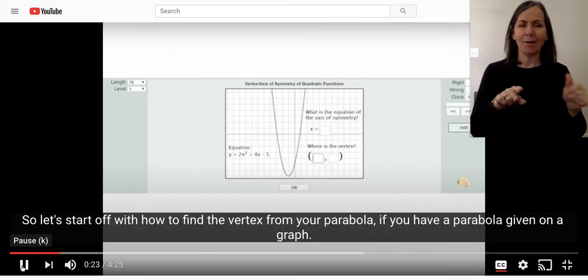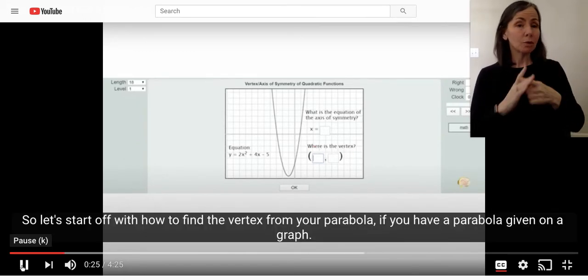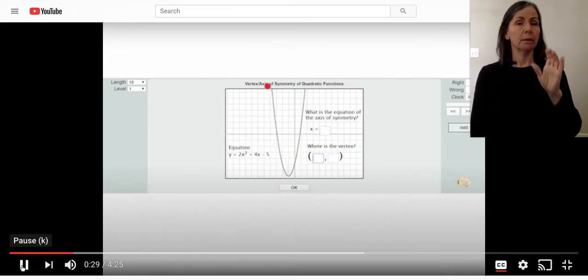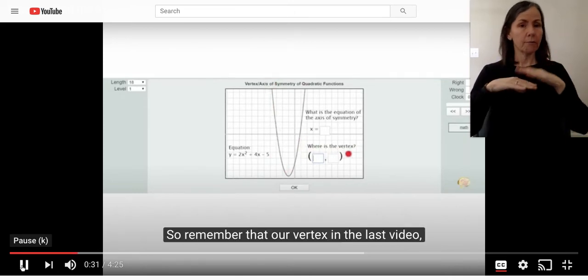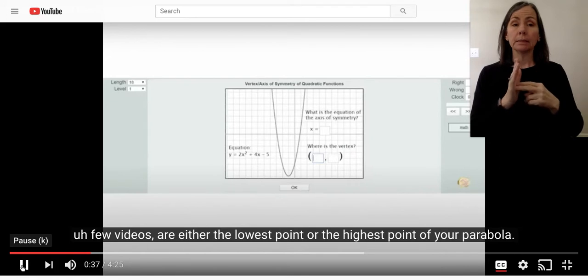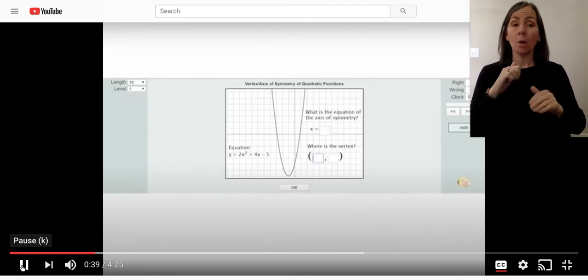So let's start off with how to find the vertex if you have a parabola given on a graph. Remember from the last few videos that a vertex is either the lowest point or the highest point of your parabola.